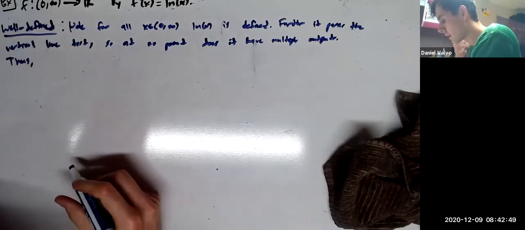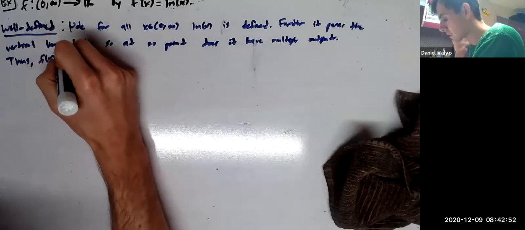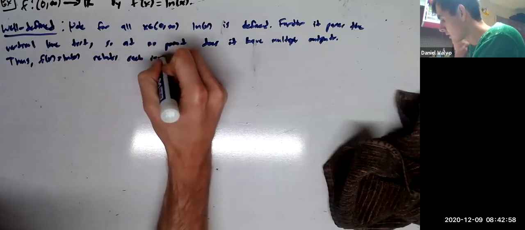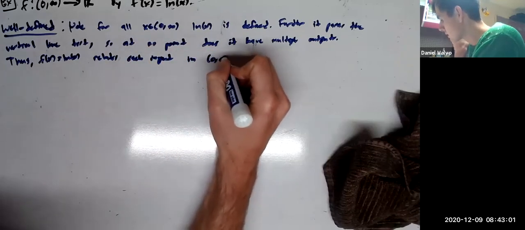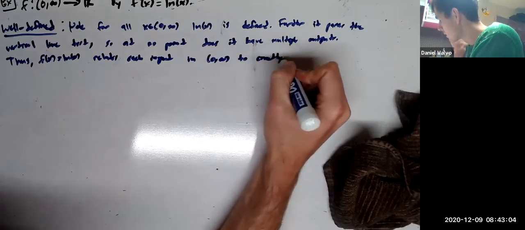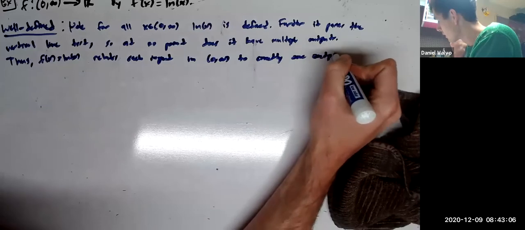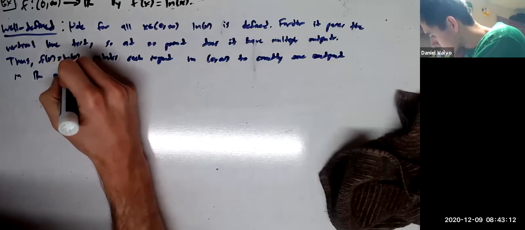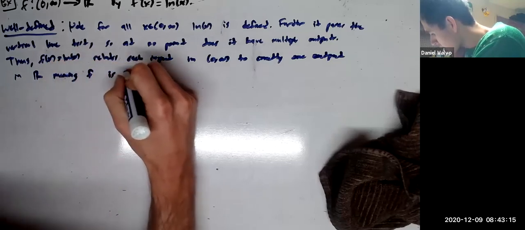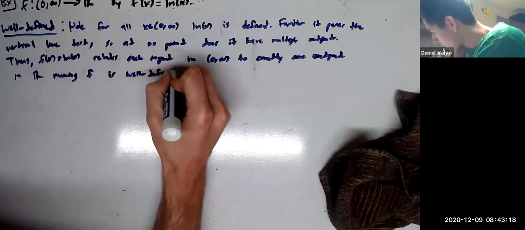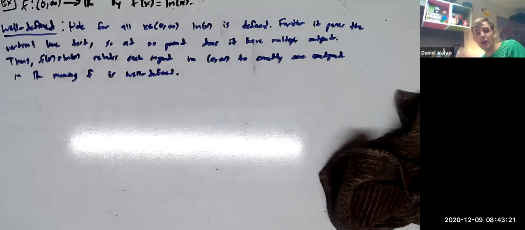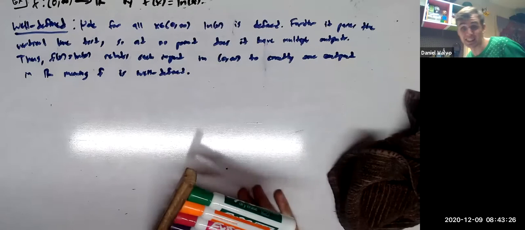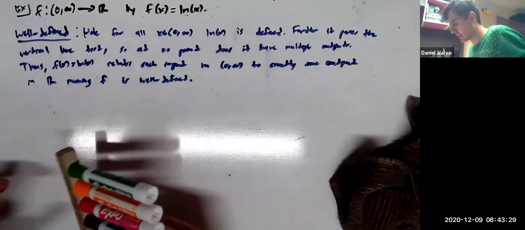Thus, f of x equals ln of x relates each input in (0, infinity) to exactly one output in R, meaning f is well defined by definition. There we go. So f is well defined, so we know it actually is a function, not just any old little relation, right? It's special. So the point is, it is well defined.